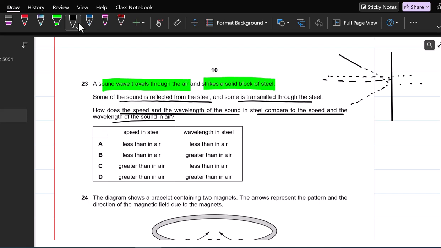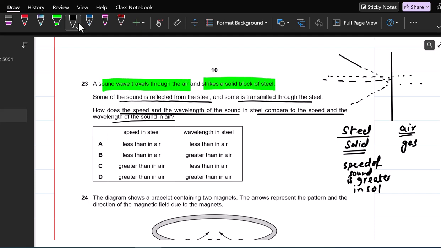You know, steel is solid and air is gas. So speed of sound is greater in solids than in air.